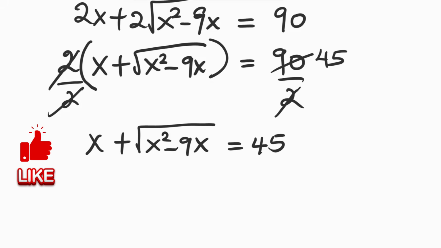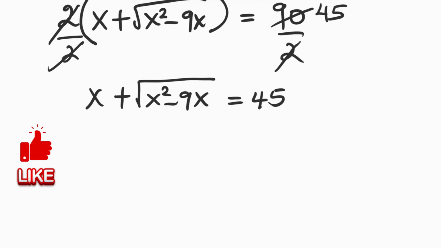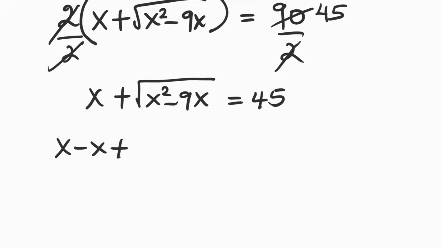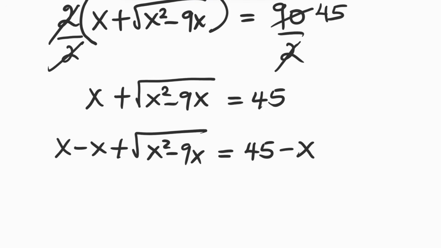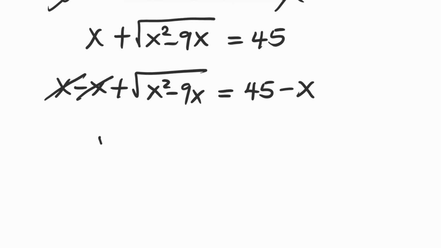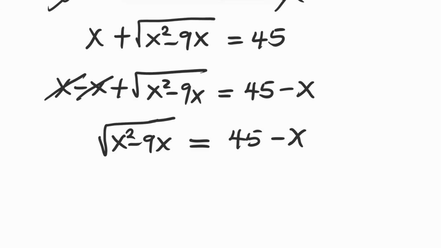Now we can subtract x from both sides, and then we have x minus x plus the root of x squared minus 9x equals 45 minus x. These x's cancel out. So we have root x squared minus 9x equals 45 minus x.